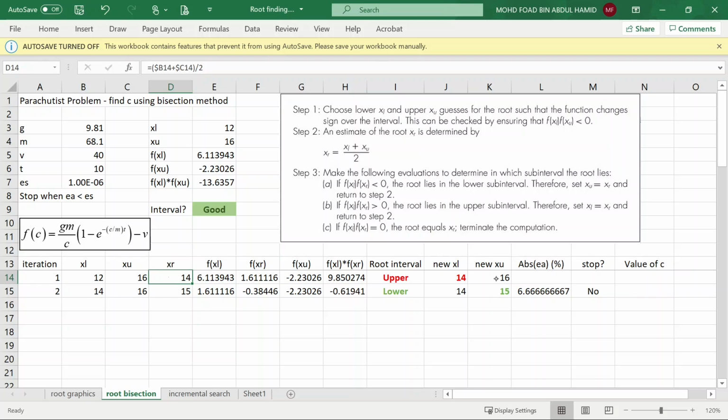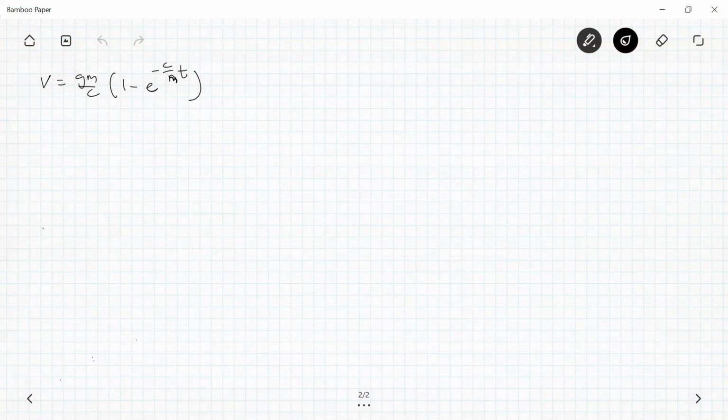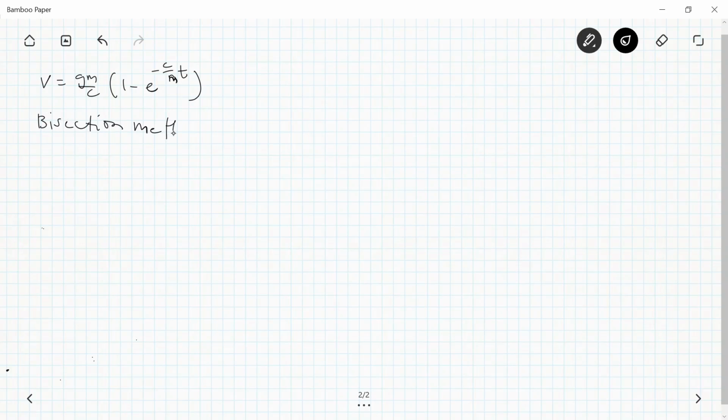Let's take a look graphically at what happened here. Let's go to this paper. The bisection method. What we have is a root, and this is my 12, this is my 16.